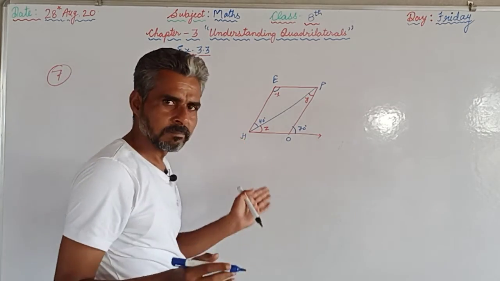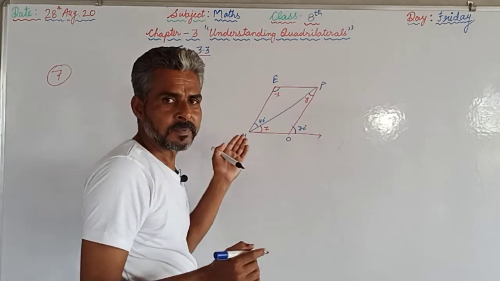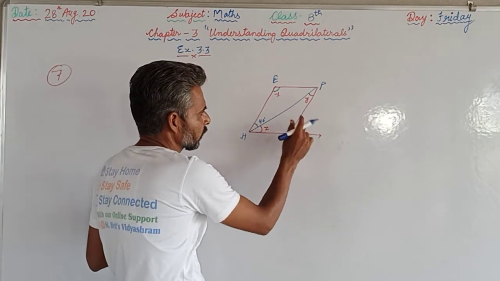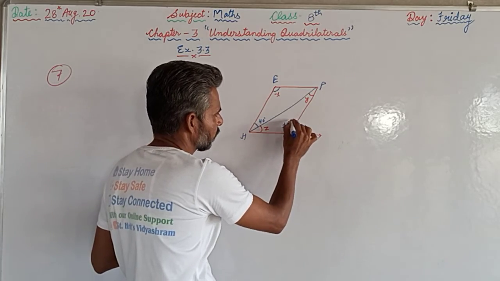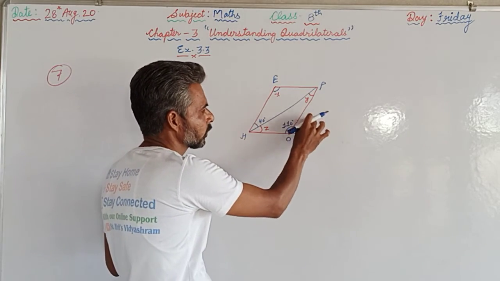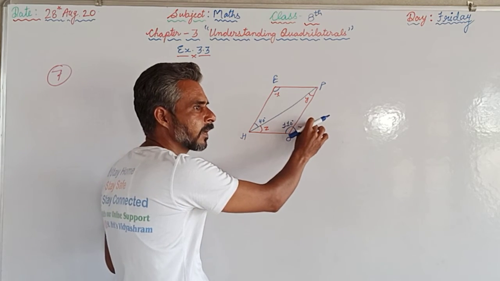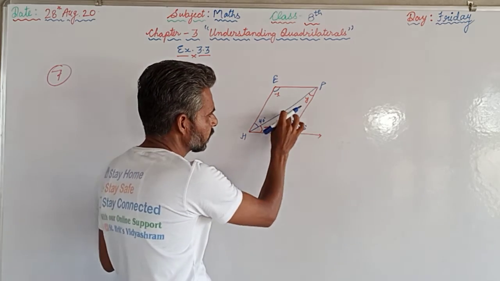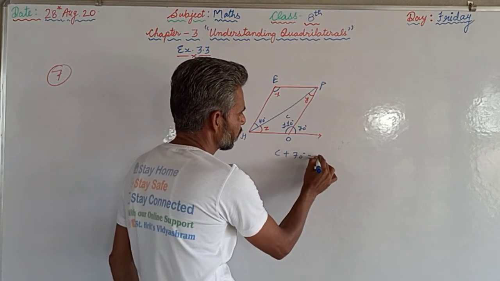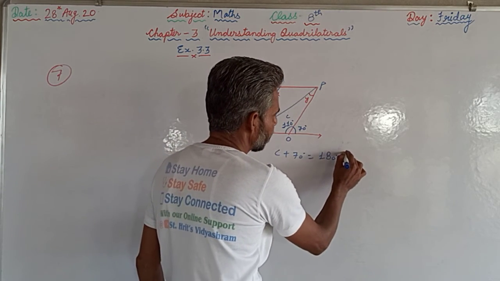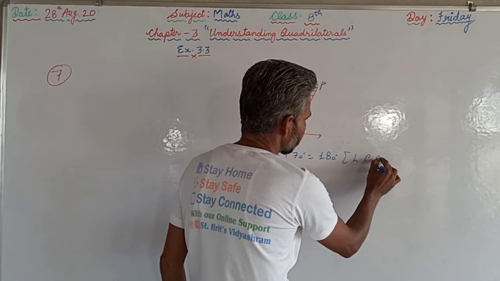I will explain in the diagram only. This is 70, this will be 110. Why? Because these both angles are linear pair angles. Suppose this is C. So C plus 70 degrees is equal to 180 degrees, because of linear pair angles.